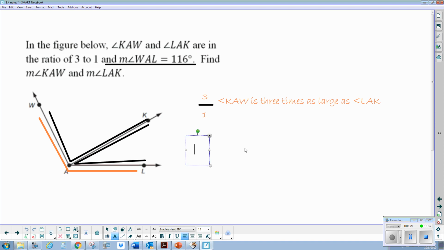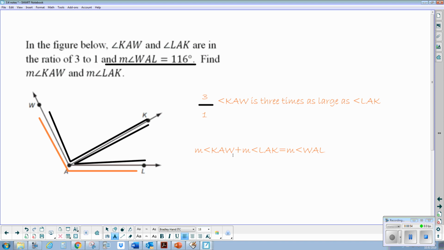Angle KAW plus angle LAK equals angle WAL. Really, I should say measure of these angles. So the measure of angle KAW plus the measure of angle LAK equals the measure of angle WAL.